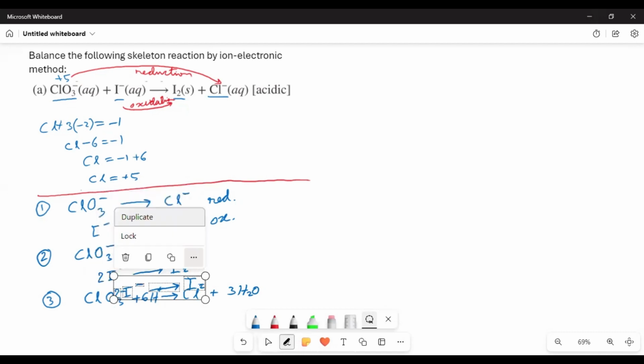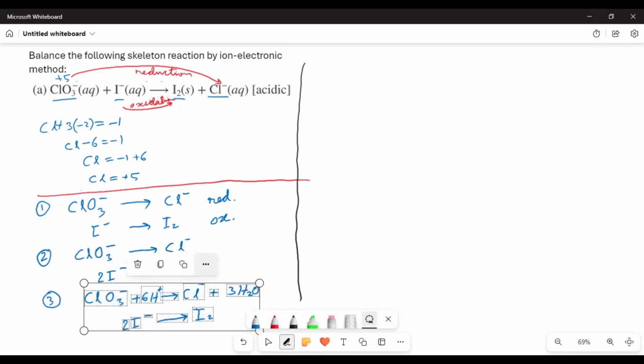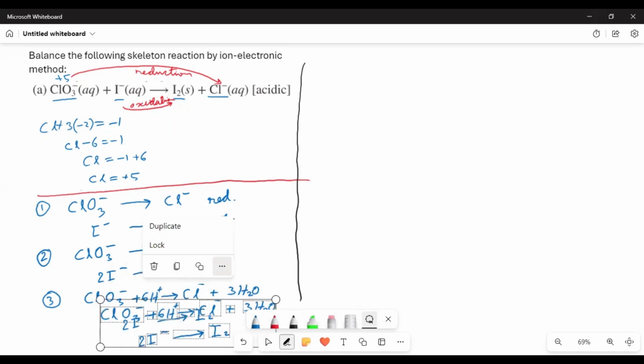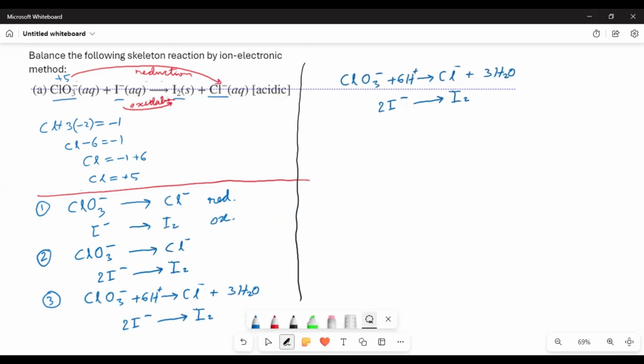So here I have an option of duplication, so I can use the duplication option here. Okay, now the next step is balancing of charge or balancing of electrons. So again, I'm going to copy the whole equations. So what will we do in the next step?